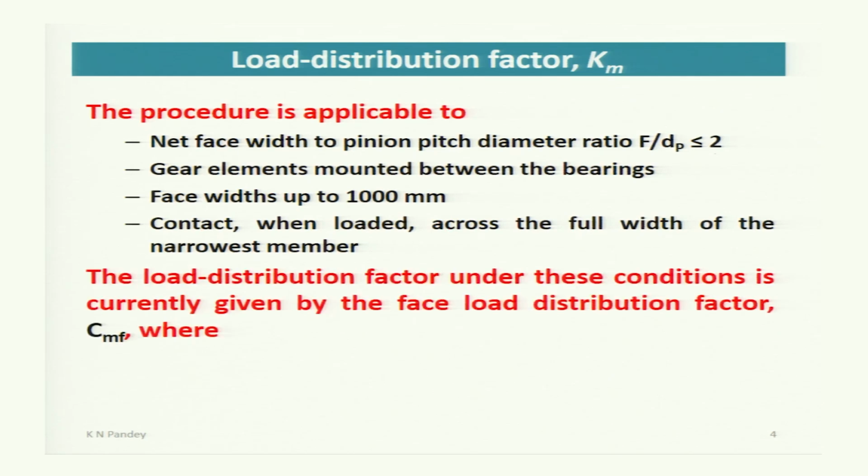The load distribution factor under these conditions is given by the face load distribution factor CMF, which is also equal to Km, given by 1 plus CMC within the bracket CPF CPM plus CMA multiplied by CE. Now one by one we will study the way these factors are determined: CMC, CPF, CPM, CMA and CE.